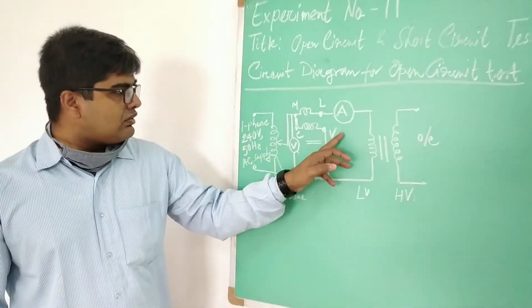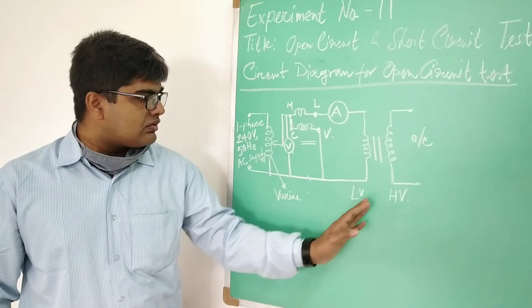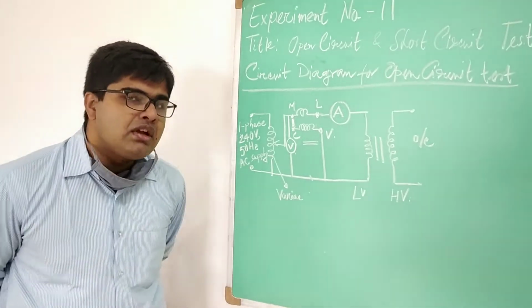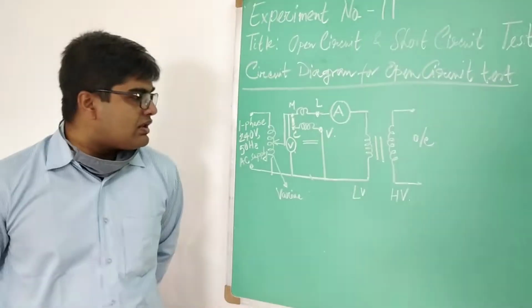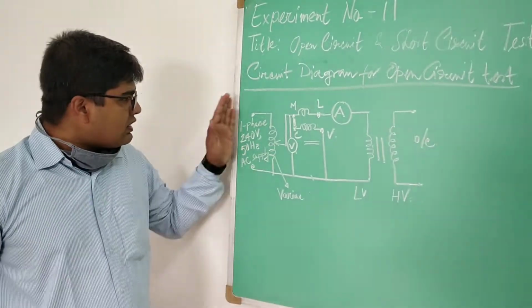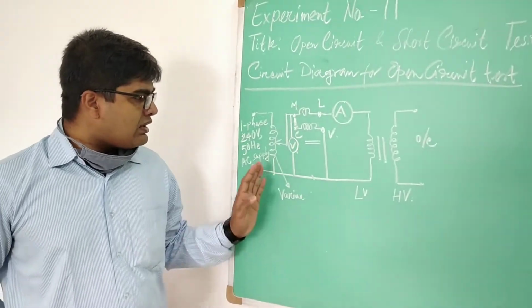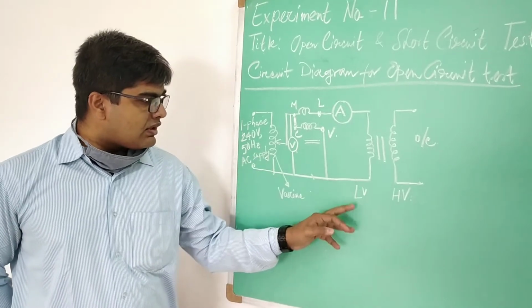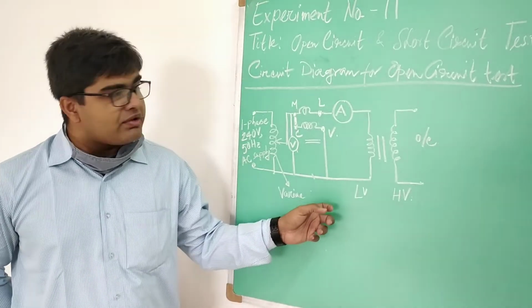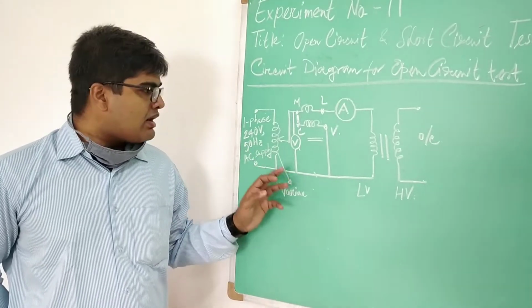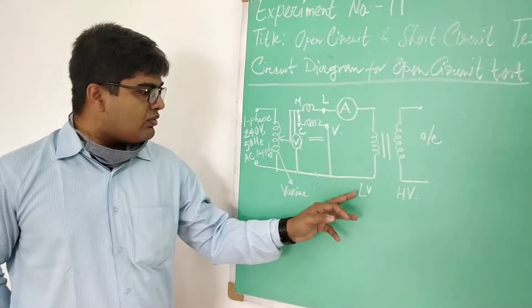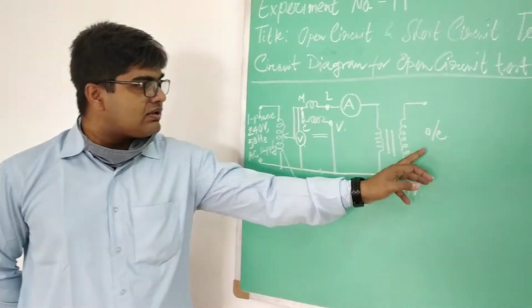Then an ammeter. Then after that, one transformer is attached. One noticeable thing you will find is that the supply and all the metering has been done in the low voltage side. This is the circuit diagram for the open circuit test. All supply is given and all the metering has been done in the low voltage side, and the high voltage side is kept open circuited.